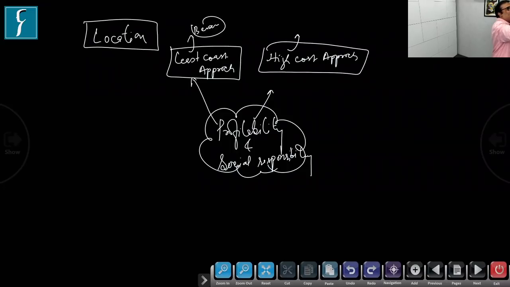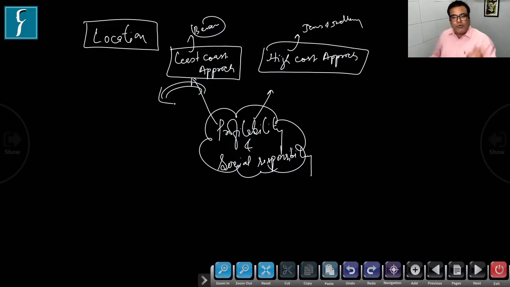The best example is gems and jewelry. Least cost approach says that whatever the investment is, that has to be lesser. So the lesser the investment, the more the margin, and the more the margin, the more the profit. Many industries, you will see, follow this pattern. And this was exactly said by Weber.